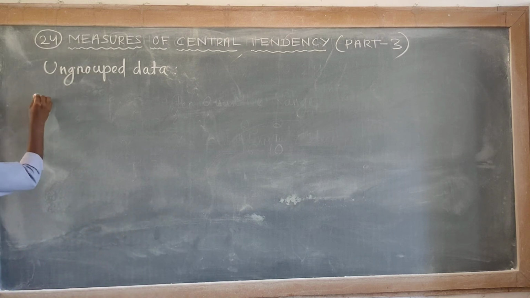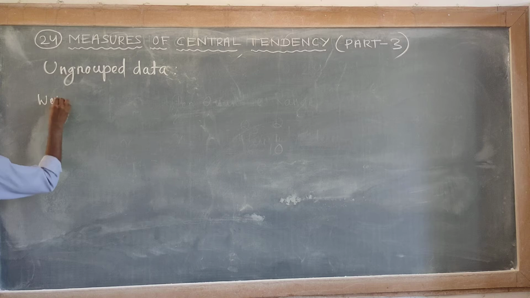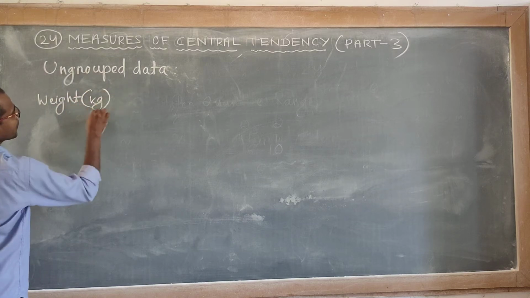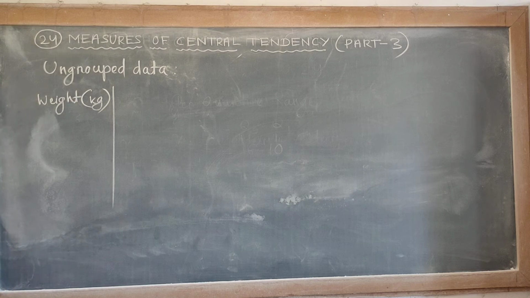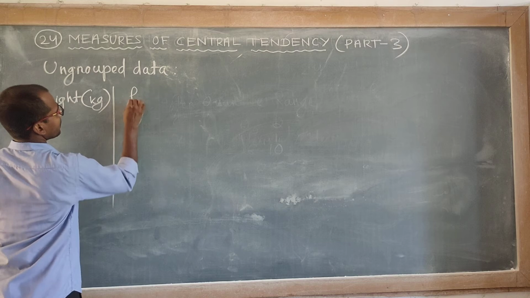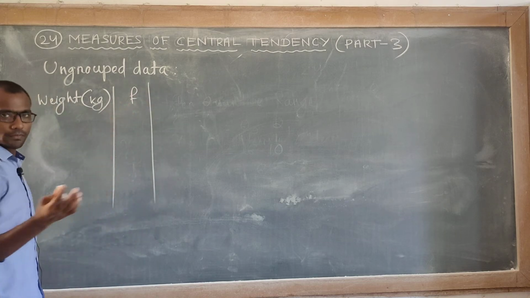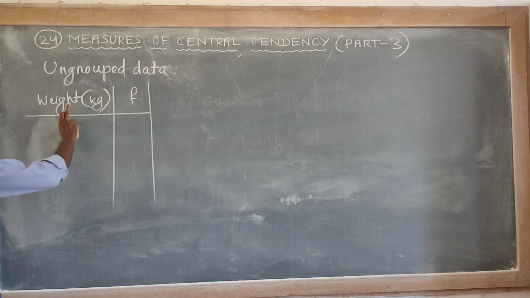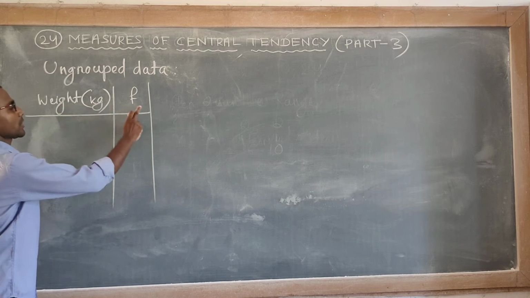Suppose I will take the weight of children. Here the number of students means frequency. You can say that this is x, this is f. Weight and number of students.